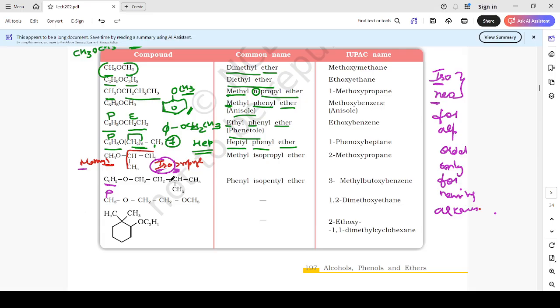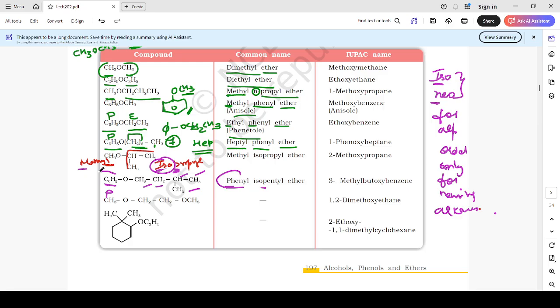The next one, P is there. 1, 2, 3, 4, 5. 5 carbon system, but it is an isomer of 5 carbon. So can we call it as isopentyl? Correct? Yes, ma'am. Now here, ma'am, P here is also P, here is also P, then why do you say this phenyl is at first?